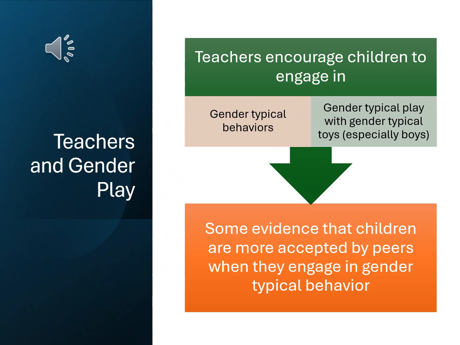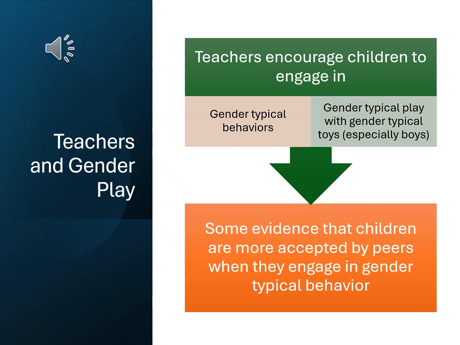This orange bullet on this page is food for thought also. So there is evidence to show, at least some evidence, that when boys and girls play and behave in gender appropriate ways, they're more accepted by their peers. Again, is this something innate in human children, that they will reject other children if they're not behaving in a gender typical way or playing with gender typical toys?